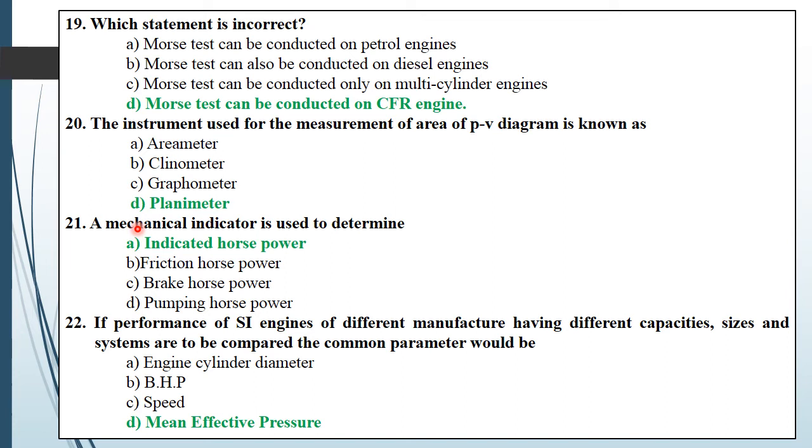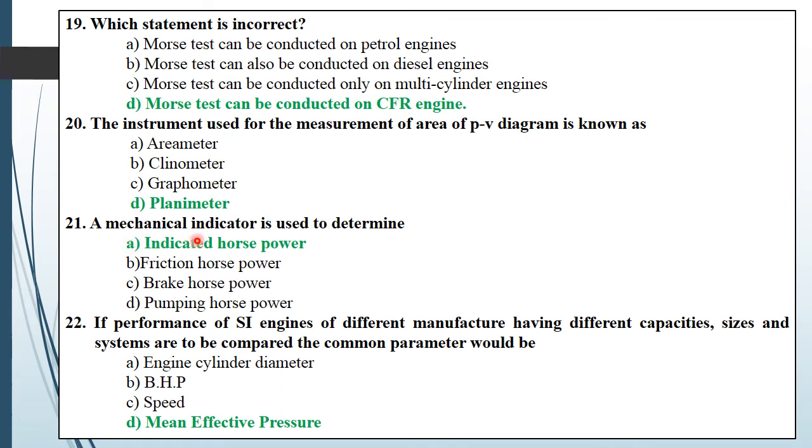The arbitrary object has no specific shape. So to determine the area of this arbitrary two-dimensional shape, as the PV diagram is two-dimensional, we use this planimeter, or platometer.